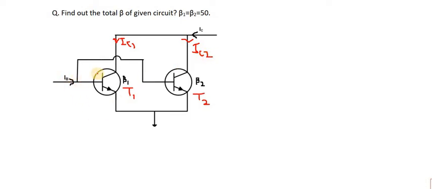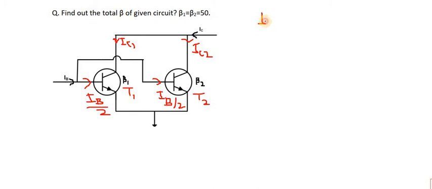Now IB is the total current, so the base current across each transistor is IB by 2, IB by 2.